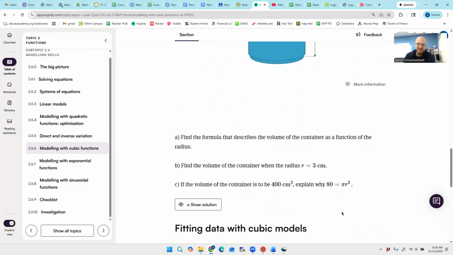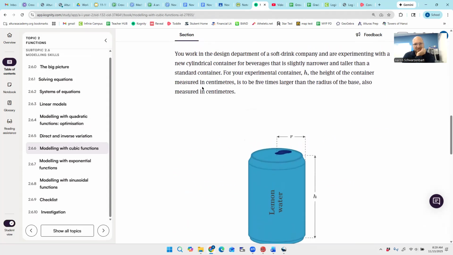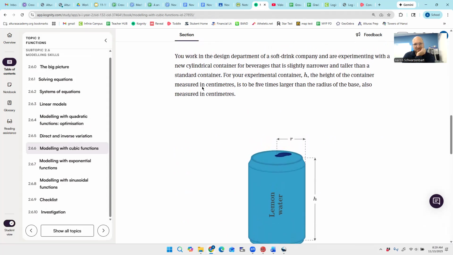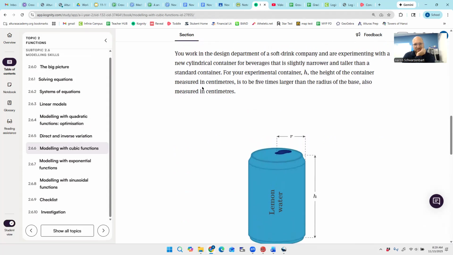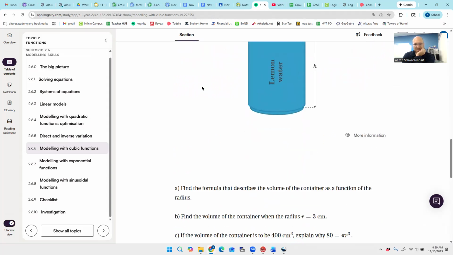Find a formula that describes the volume of the container. Does it have to be exactly 5? Okay, it has to be exactly 5.